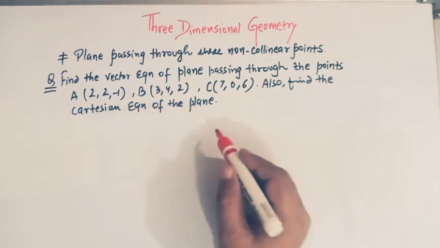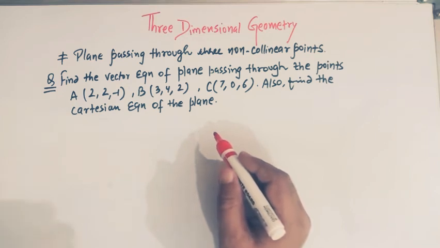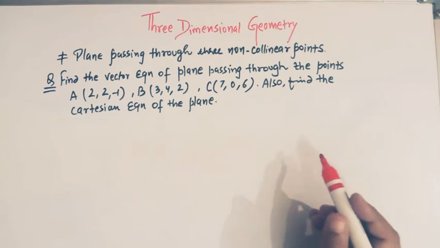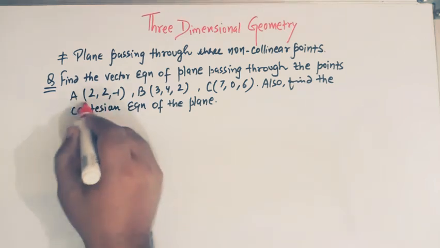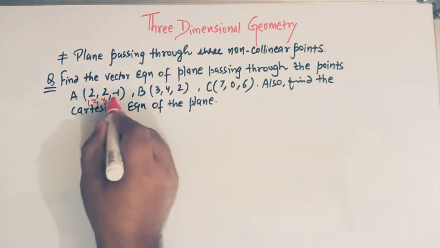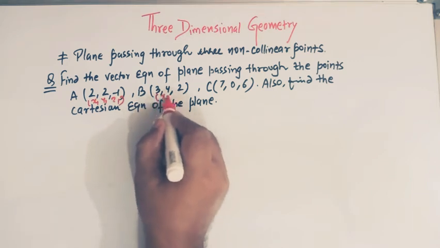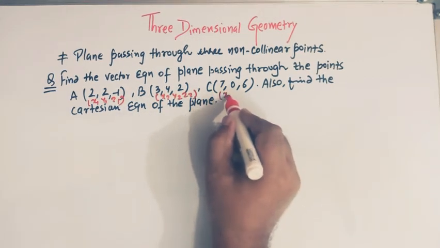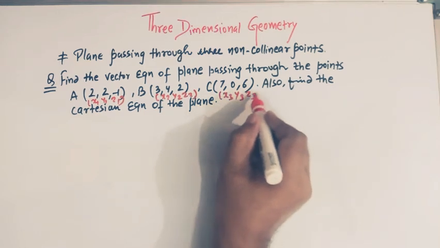So for this we can make use of either the distance formula or the concept of direction ratios. So this point is x1 y1 z1, this is x2 y2 z2, and this is x3 y3 z3, right?